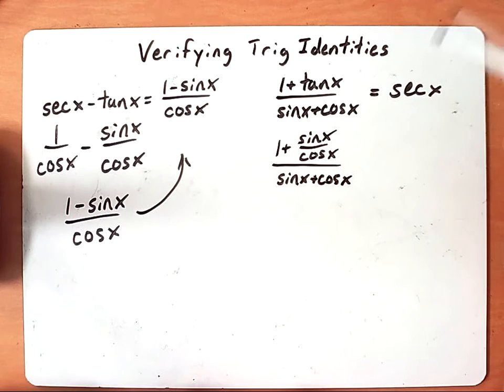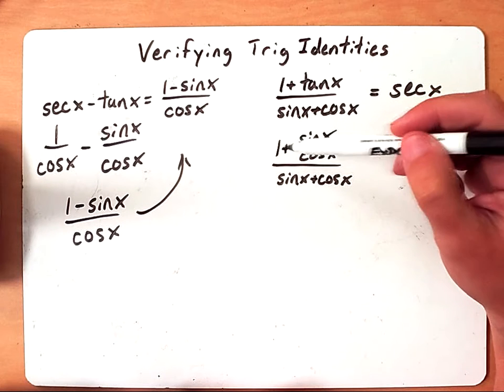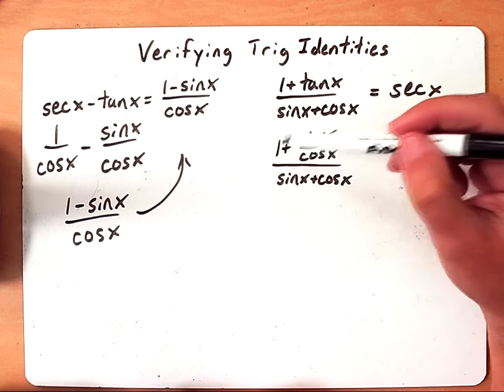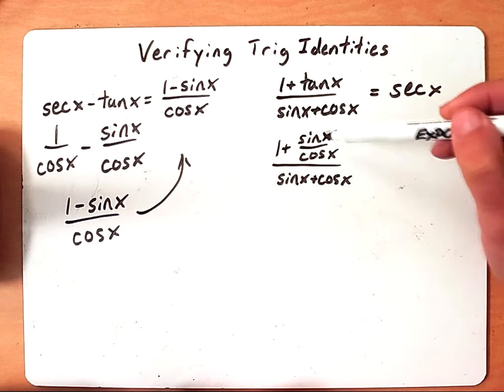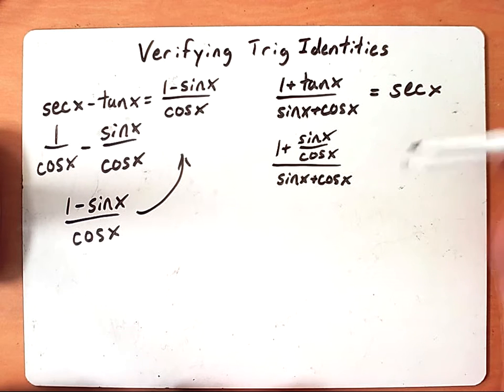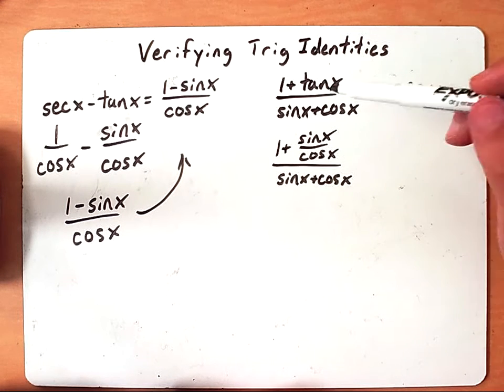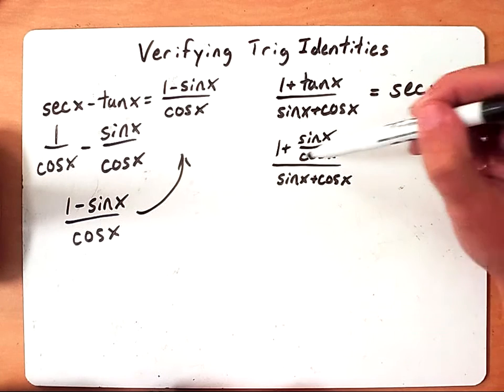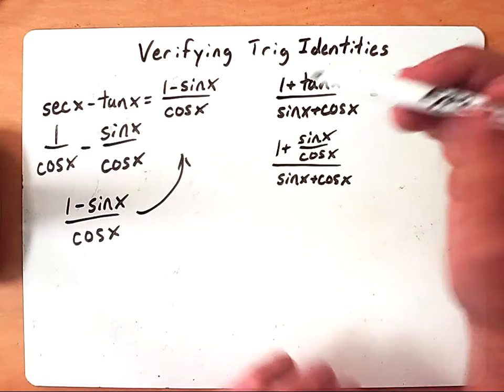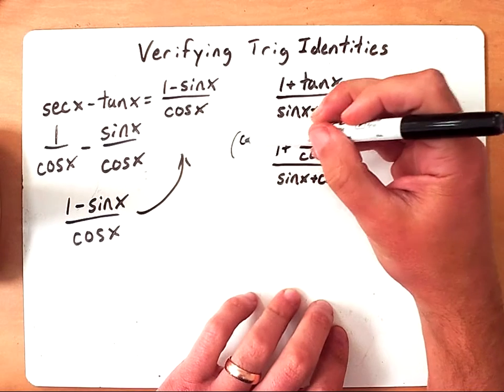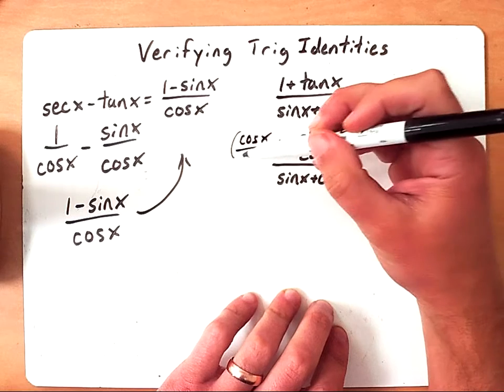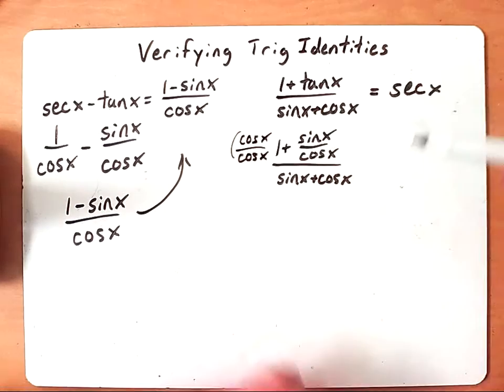All right. Now you might think, well, where do I go from here? Well, I have this 1 here. I want to write this as a fraction that I can add to sine over cosine. Now, for fractions to be added together, they have to have a common denominator. So I want to write 1 as a fraction with a denominator of cosine. The easiest way to do that is to write 1 as cosine over cosine.